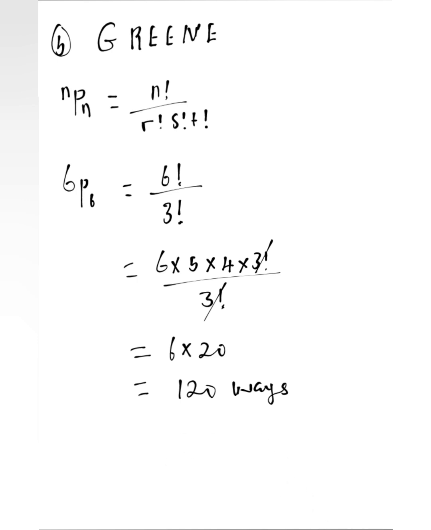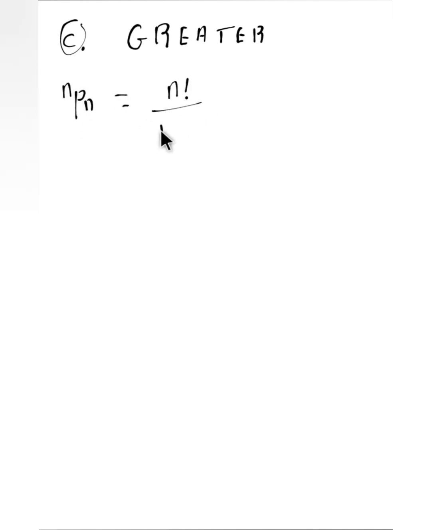So let's move to C. In C, the word there is greater. How many ways can the word greater be arranged? nPn equals n factorial over r factorial s factorial t factorial. Now, how many alphabets do we have here? 1, 2, 3, 4, 5, 6, 7. We have 7 objects, which is n.